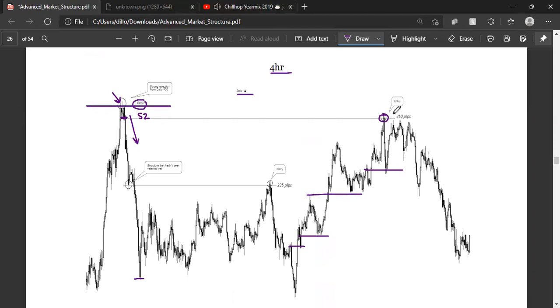And when did it start respecting bearish order flow? Well, if we look from this high to this low here, there's another break of structure, right? So we could have had an entry here, and we could have actually had an entry here.